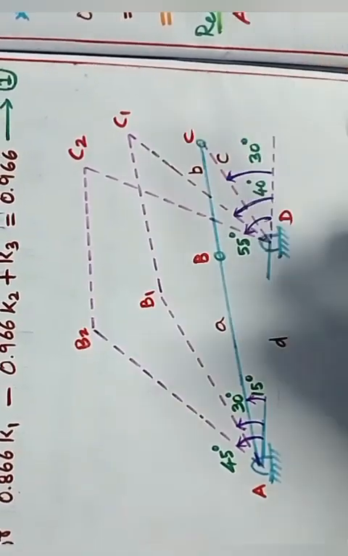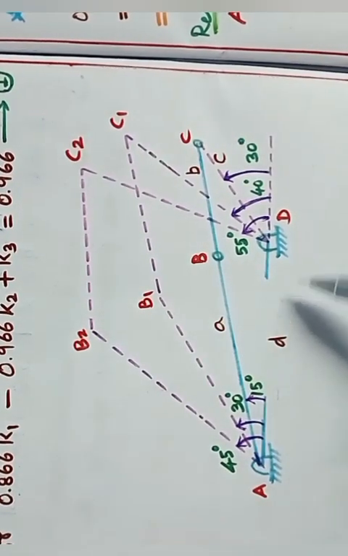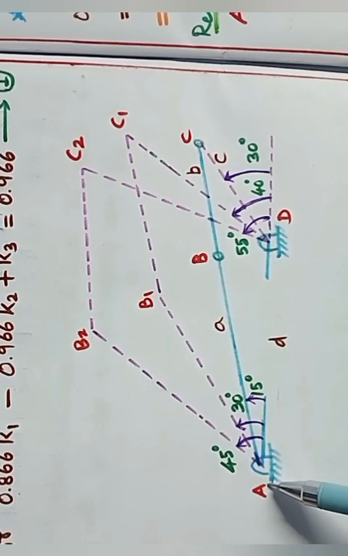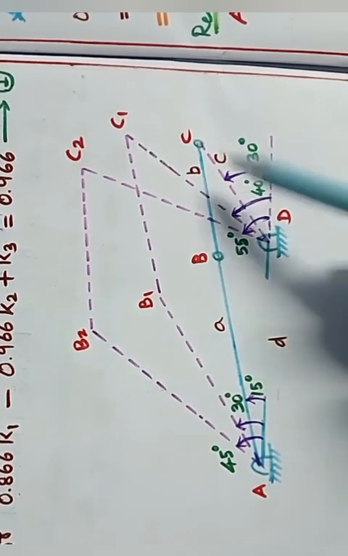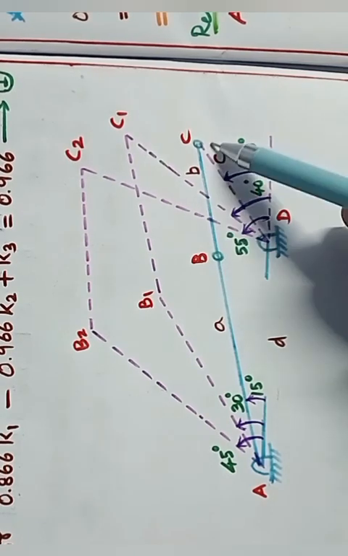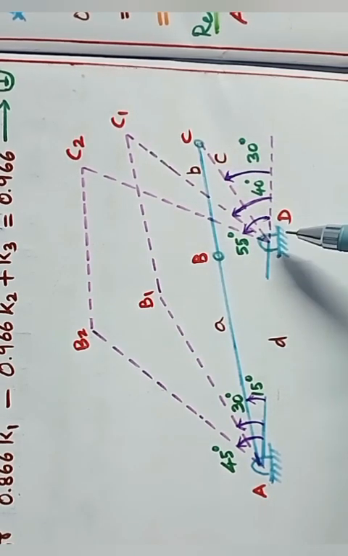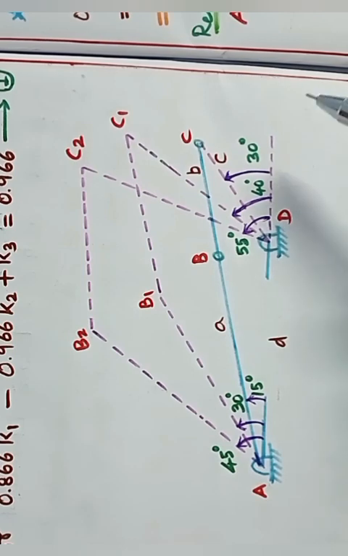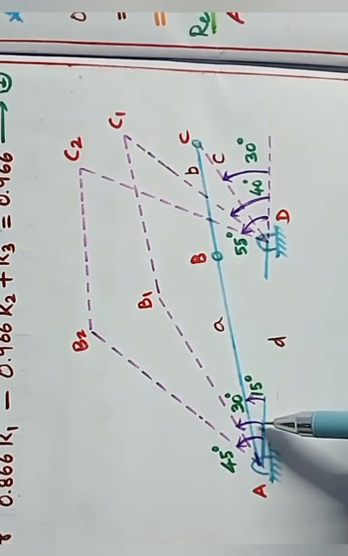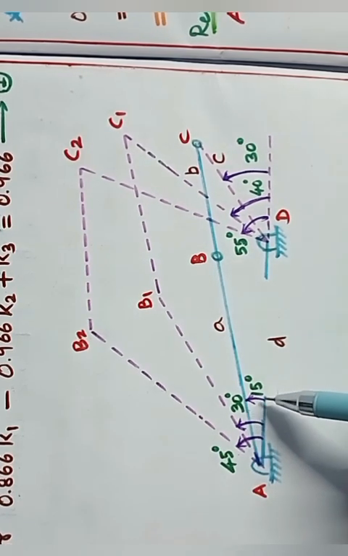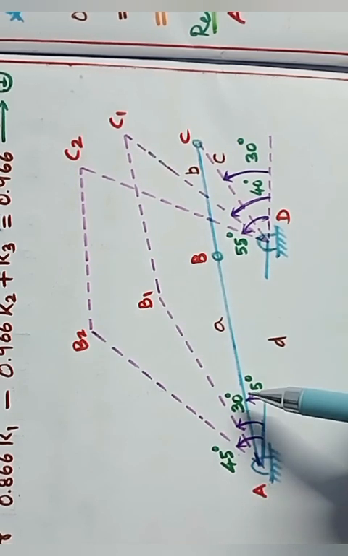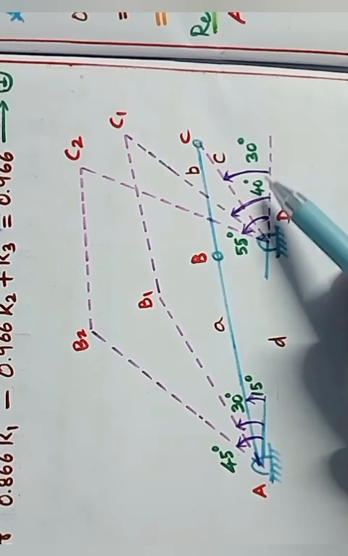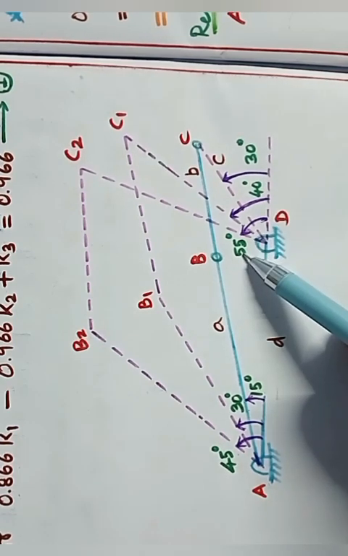Now you see the three positions. A, B is a crank, BC is a coupler and CD is a rocker. Here 15 degree, 30 degree, 45 degree are the input angles, and the corresponding output angles are 30, 40 and 55 degree.